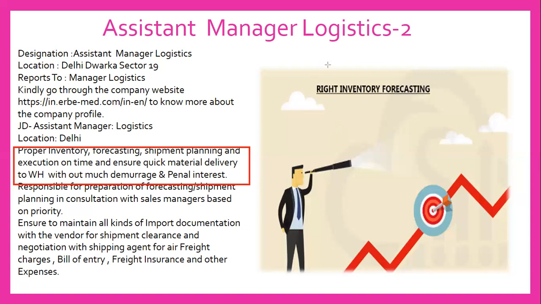Now we will go further: what kind of responsibility is there in this job of assistant manager logistics. Here, if you are assigned this job, you will be responsible for the preparation of the forecasting, okay. Before, we understood that proper inventory is very important, and proper inventory fully depends on accurate forecasting.